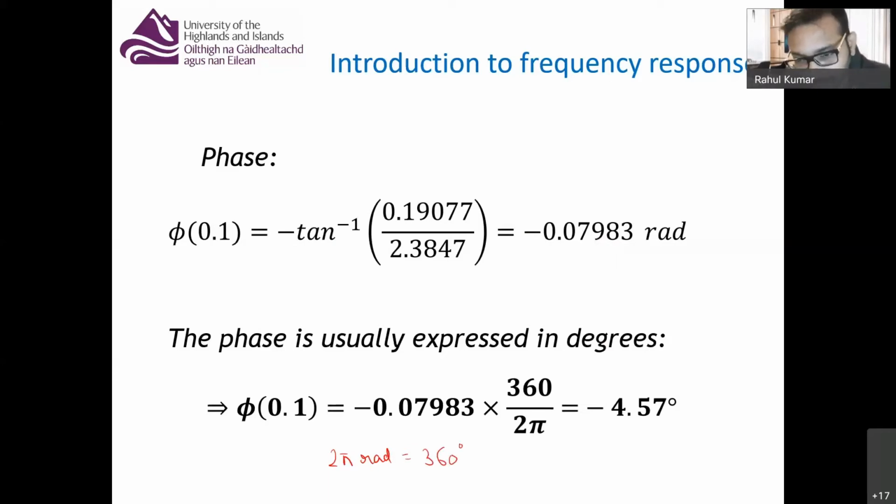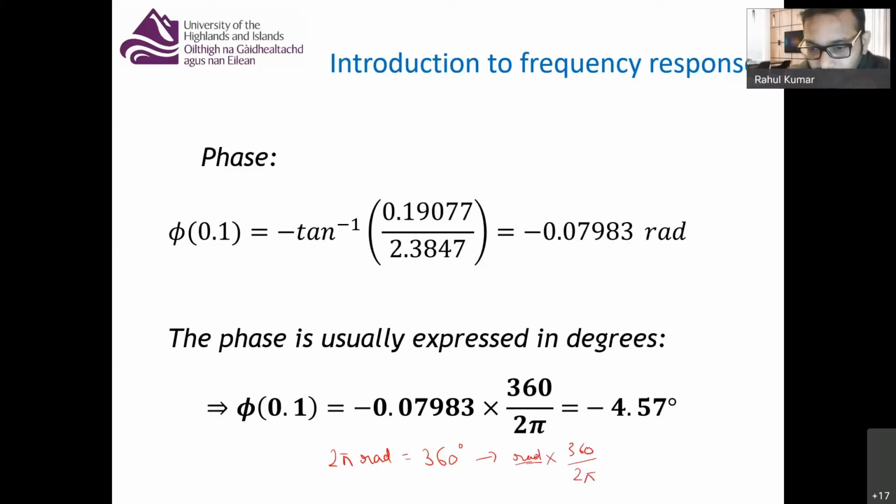If you apply the unitary method to convert these many radians into degrees, you will realize that you have to multiply whatever radians you are getting by 360 divided by 2 pi.